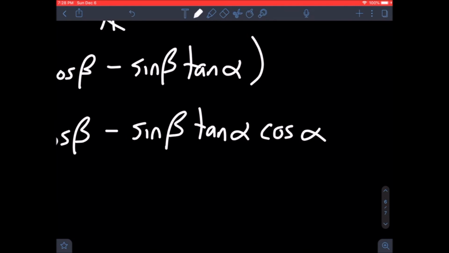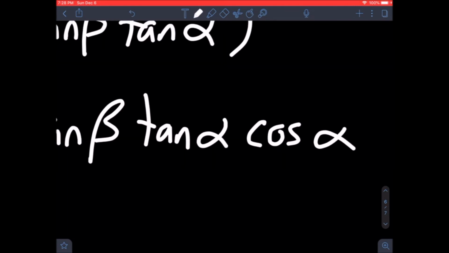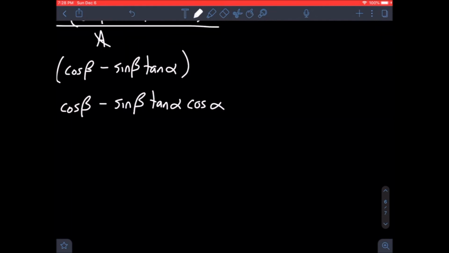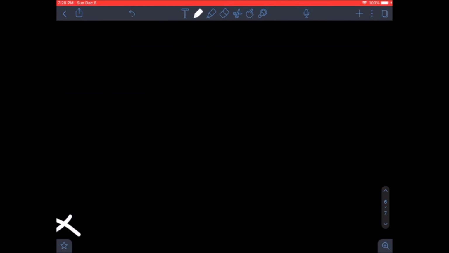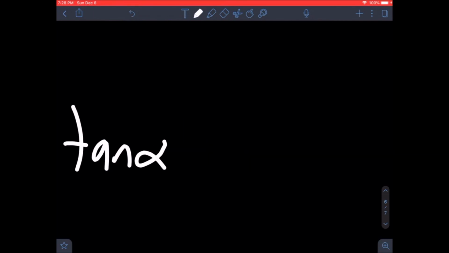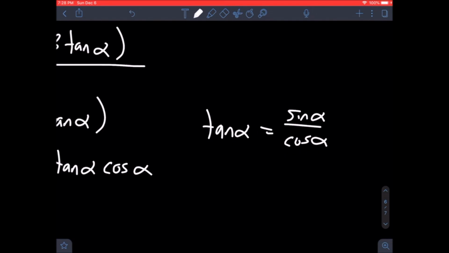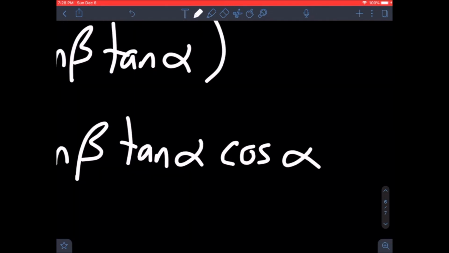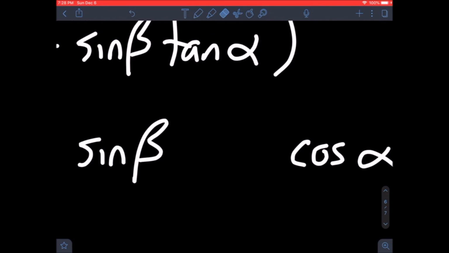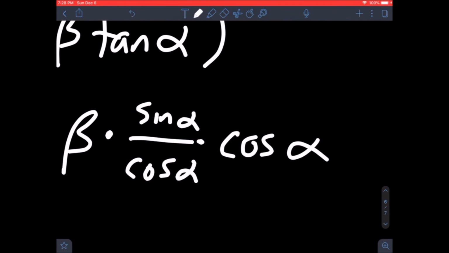Now, the thing we have to notice here is that the tan of alpha can be rewritten. Remember, tan is just sine over cosine, one of the trig identities that we already know. So tan alpha is just sine alpha over the cosine of alpha.